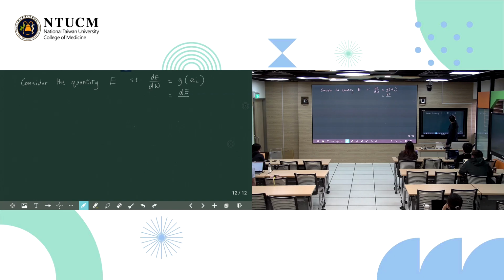Note that dE by dW as a function of AI is whatever its output. This term here describes how the mystery function changes with respect to the actual output of the network. We don't know what this mystery function is yet, but we'll come back to it.